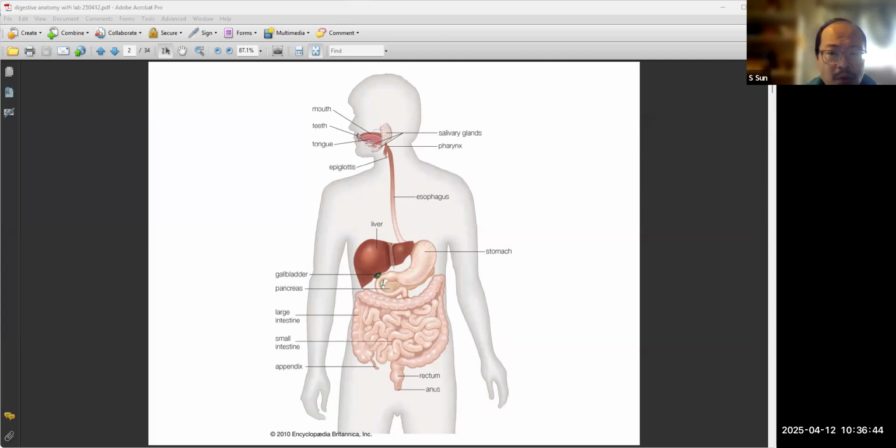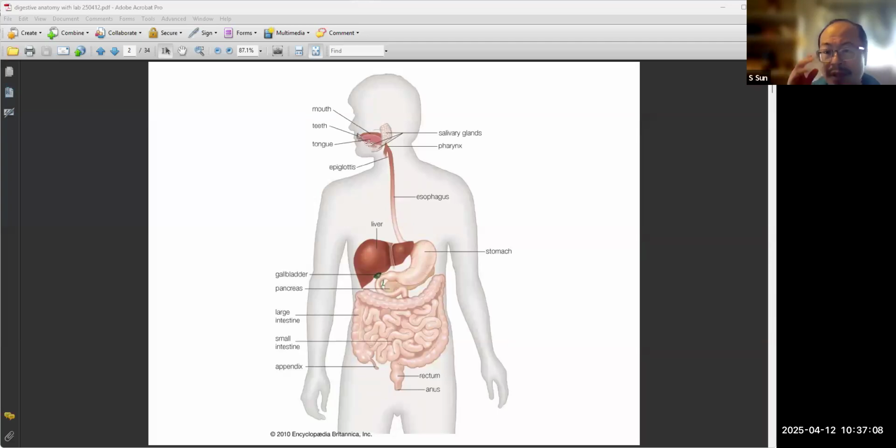So what does it mean by break it down? Basically, we want to see them become monomers. All these molecules have their own monomer. So you need to remember what the monomer is for carbohydrates, for protein, and for fat. Those are the three nutrients that we absorb from our food.